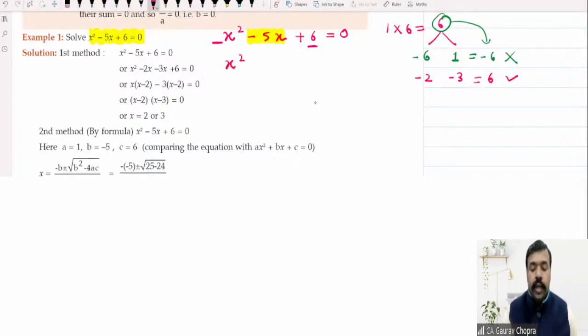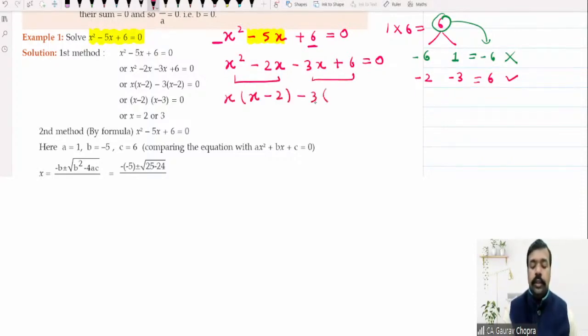So we write x square minus 2x minus 3x plus 6 equal to 0. We are splitting the middle term. Now we take the common factor between these terms: x is common in the first two, x minus 2, and 3 is common in the next two, again x minus 2, equal to 0. So x minus 2 and x minus 3 is equal to 0.